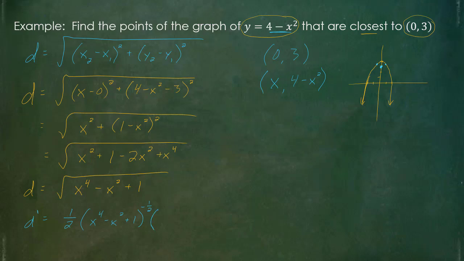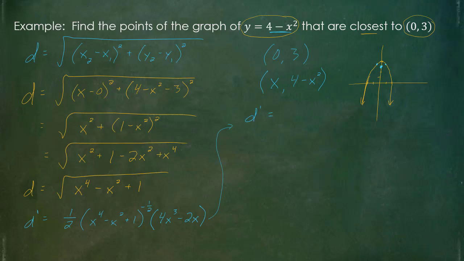But then I have to multiply by the derivative of the inside, which in this case would be 4x cubed. And then it looks like minus 2x. And then the plus 1 would just be 0, so I can close that off. So it appears that this 1/2 that's in front, I could distribute through that parenthesis and simplify it a little bit. So I'm going to go ahead and move this up into this blank area.